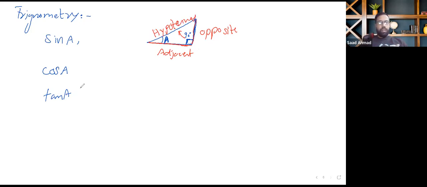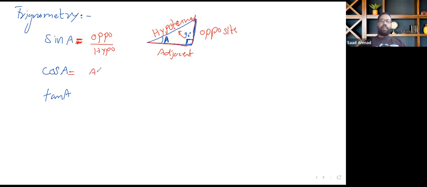Hypotenuse. Okay. So the sine ratio: sine of the angle A equals the opposite over the hypotenuse. If you divide the opposite side length by the hypotenuse, that ratio is called the sine ratio.